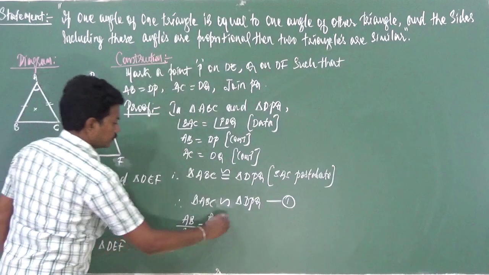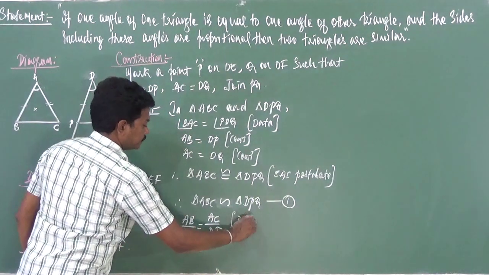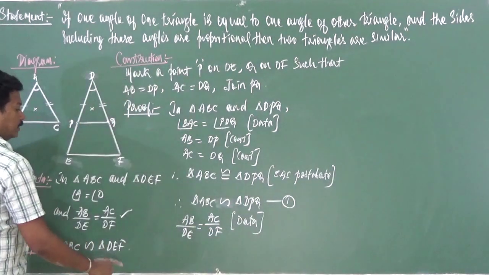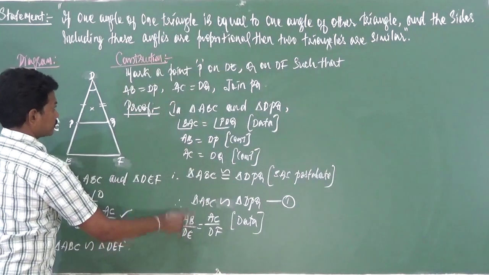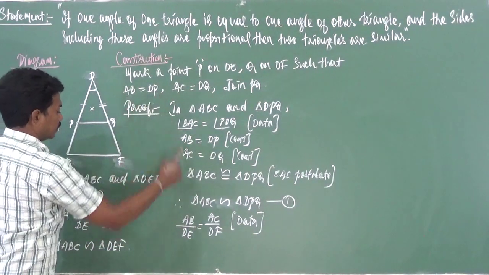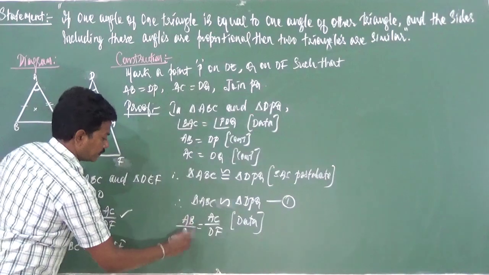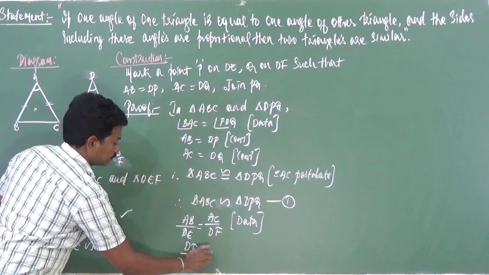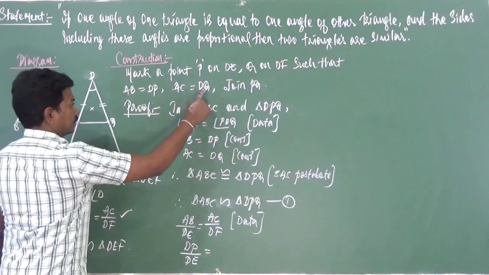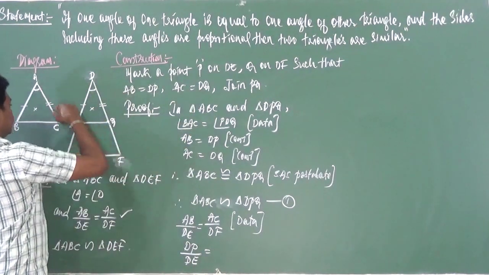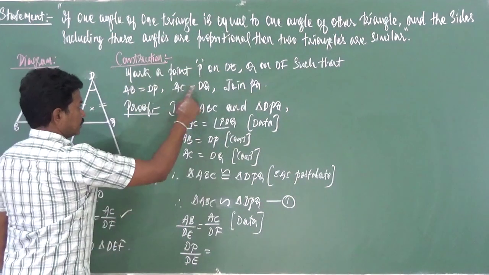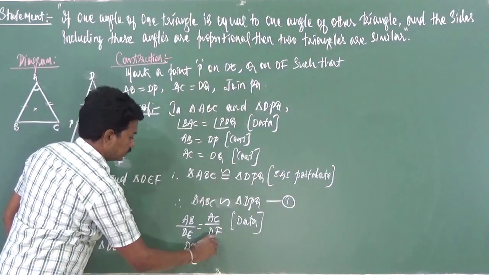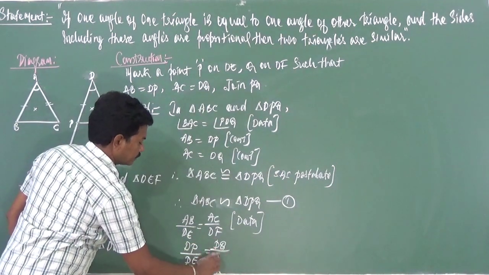It is according to the data. Right, now here AB is equal to DP according to construction. So therefore, instead of AB, I can write DP by DE is equal to AC by DF, and AC is equal to DQ according to the construction. So instead of AC, I am going to write DQ. So DQ by DF.